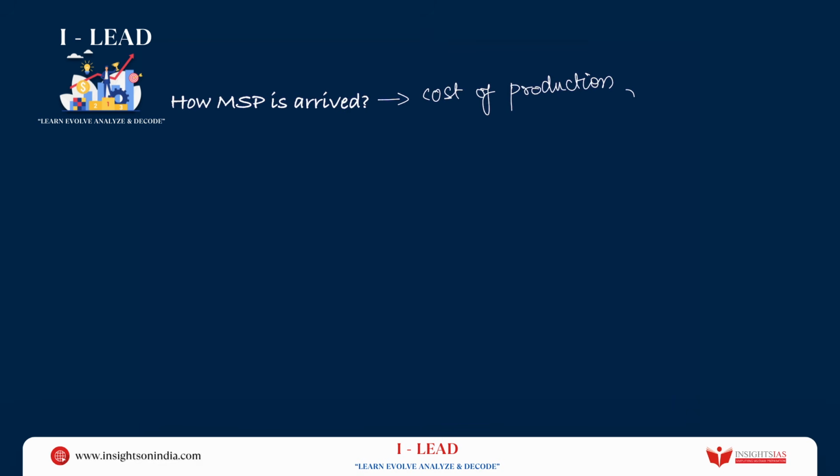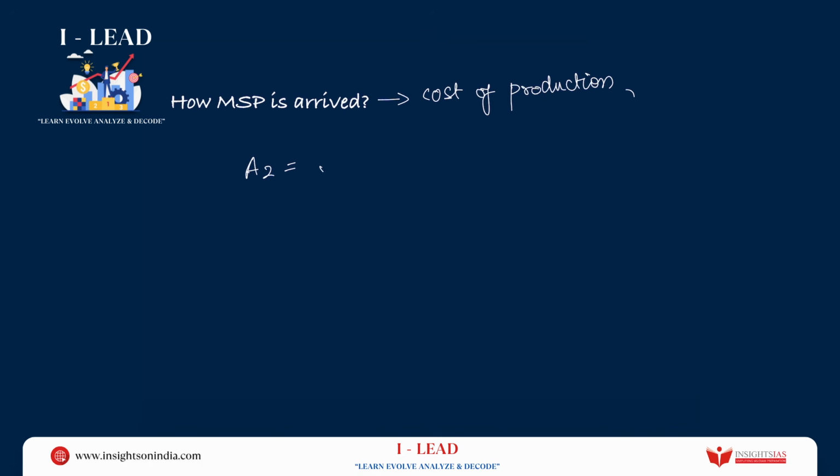But sir, how do we know what the cost of production is? Is there some quantitative metric to determine this? What is the formula to determine this? Please tell us that. See, there is a formula which they usually calculate, or at least used to calculate. It was called A2.